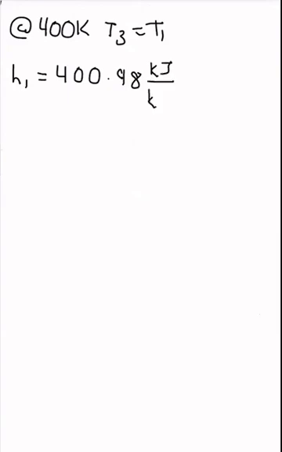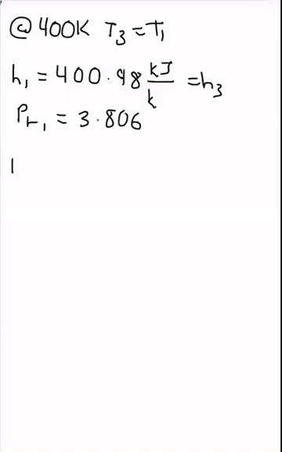So first, at 400 Kelvin, T3 equals T1, and remember that's the same for our H values. So our H value off the table I just showed you is going to be 400.98 kilojoules per kilogram, and that's going to equal H3 as well. And then the pressure ratio from that table is 3.806.